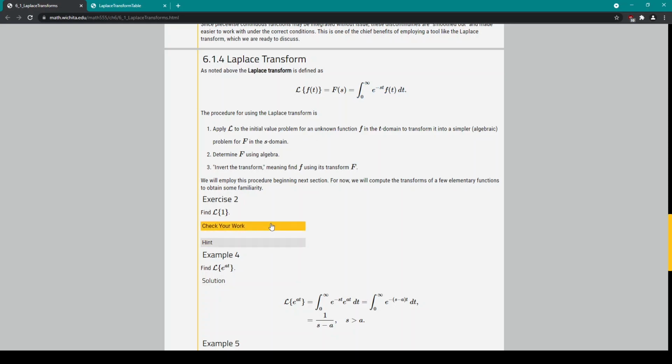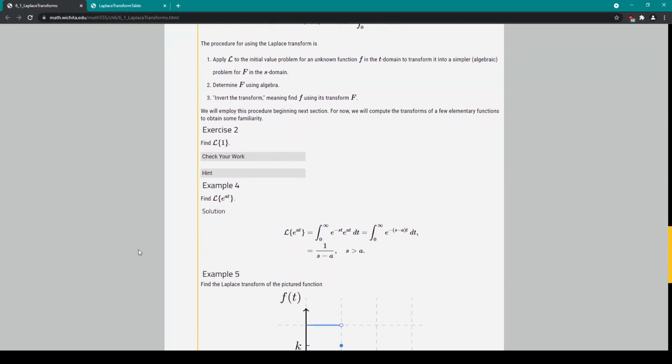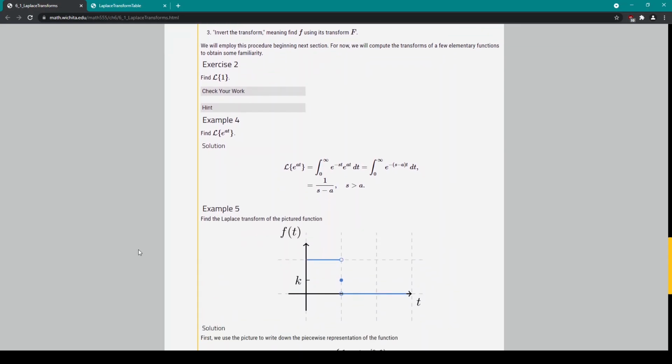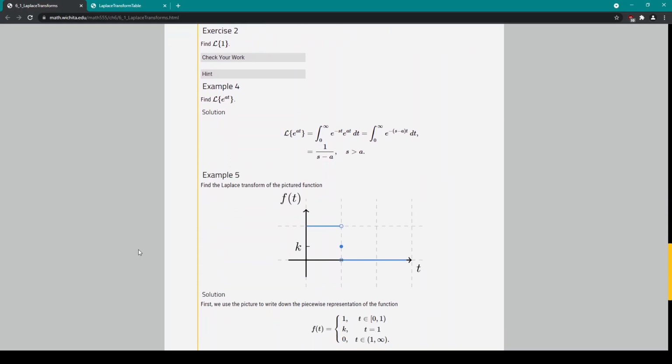And what we need to do in order to get things set up is to compute a few other transforms in order to get things going for us. So one of the easier ones that can be done here in just a couple of lines is computing the Laplace transform of e to the at.